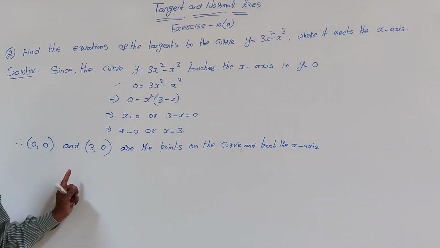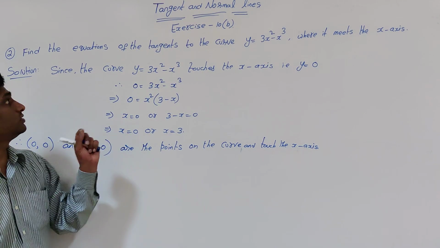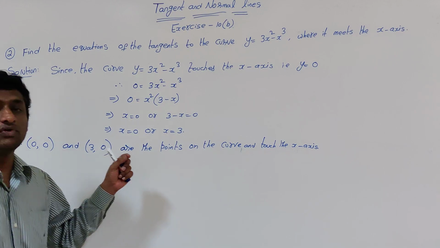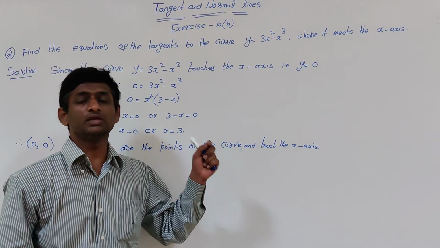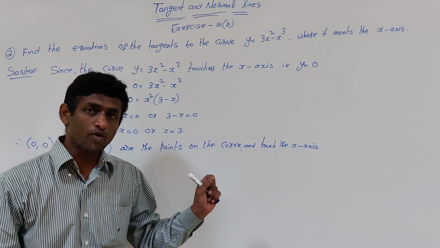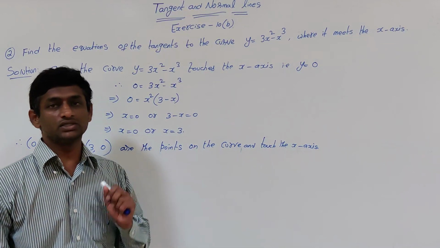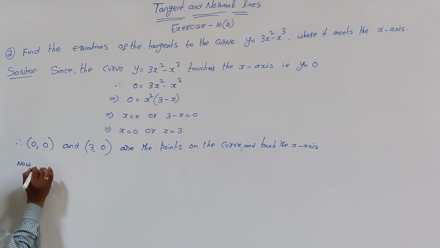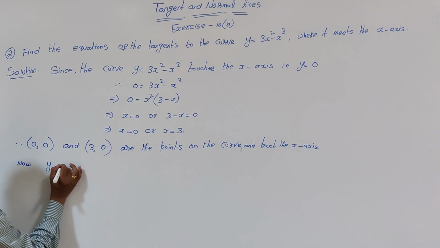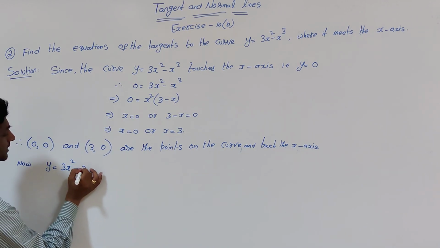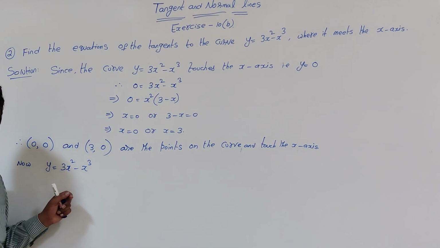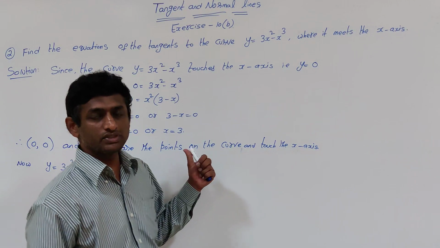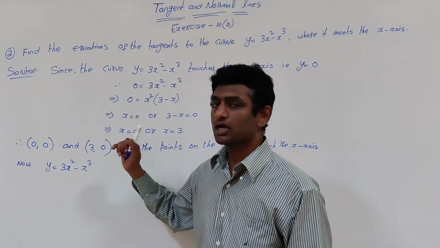Now at these two points we have to find the equation of the tangent lines. As I said, for every point on the curve we will have a slope and a tangent line. Now y is equal to 3x square minus x cube. We will find the slopes of the curve at 0 comma 0 and 3 comma 0.